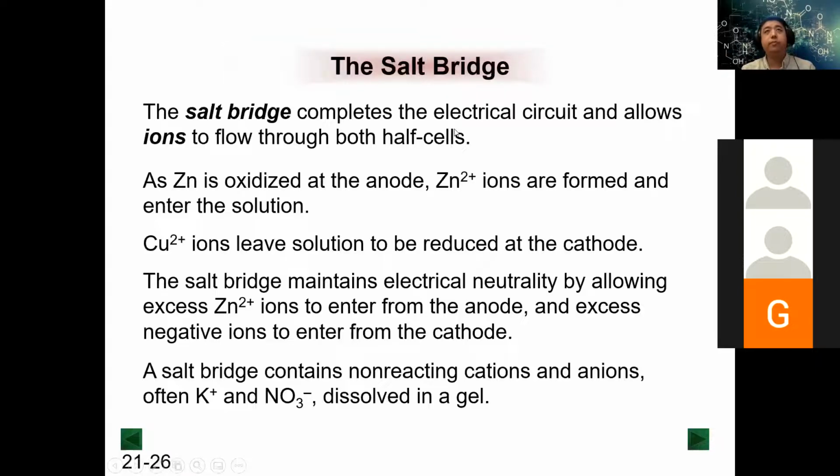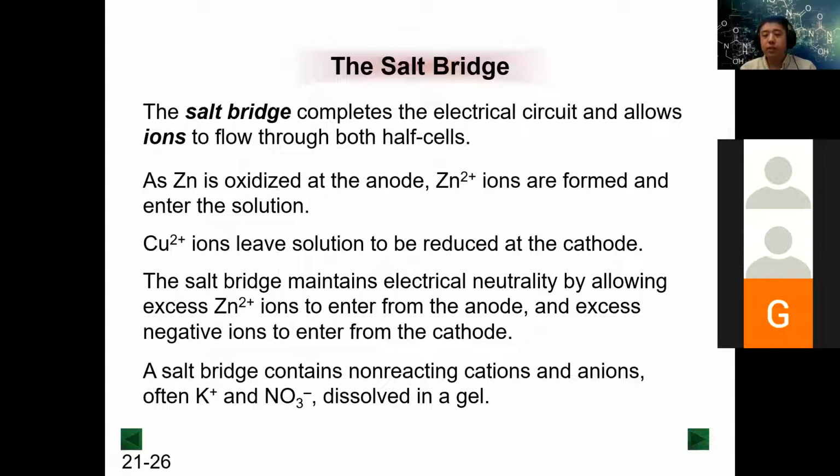All right. So once again, purpose of the salt bridge, a couple of statements here. It will complete your electrical circuit. It will allow ions to flow freely between both half cells. Remember, as zinc is giving away its electrons, the solution is getting more positive. The other solution is getting more negative. If you try adding more positives to a solution that's already positive, it's going to say it doesn't want that.